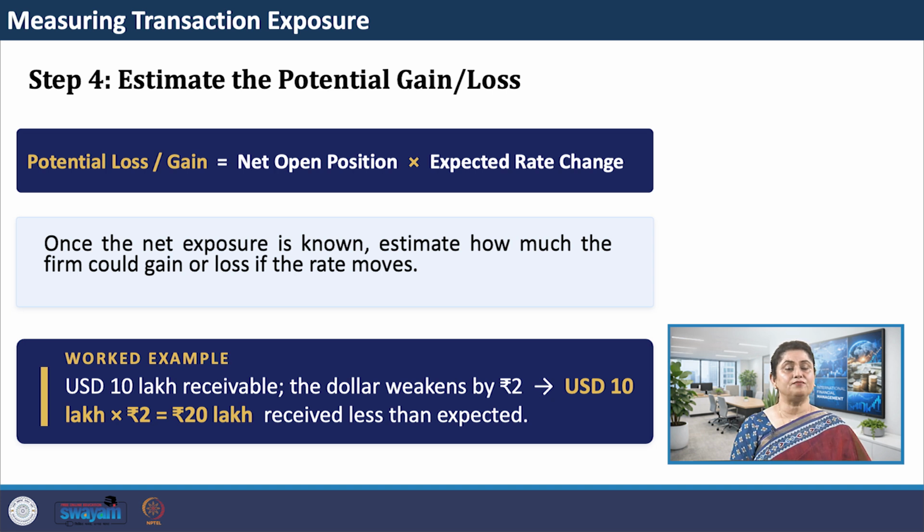If the dollar weakens by rupees 2 during the period, the company will receive 20 lakh less than expected. The calculation is 10 lakh dollars into rupees 2, which is equal to 20 lakh loss. This helps management understand the rupee impact of the exchange rate movements.